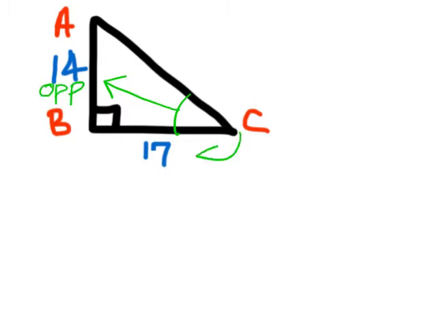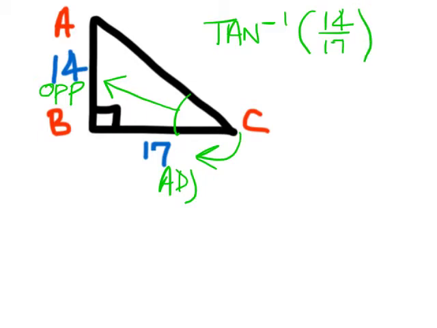And what is the 17 in comparison to angle C? Adjacent. What function is that? So you would use inverse tangent and opposite 14 over adjacent 17. So hit second tangent and then 14 divided by 17. You should come back with 39 degrees, and that's rounded to the nearest degree.